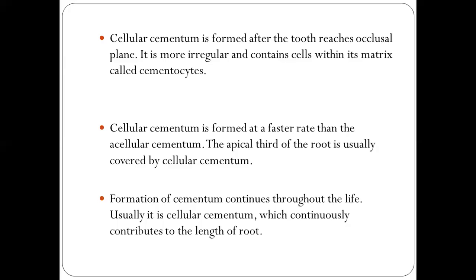It is more irregular and contains cells within the matrix called cementocytes. Cellular cementum is formed at a faster rate than acellular cementum. The apical third of the root is usually covered by cellular cementum. The formation of cementum continues throughout life. Usually it is cellular cementum which continuously contributes to the length of the root.